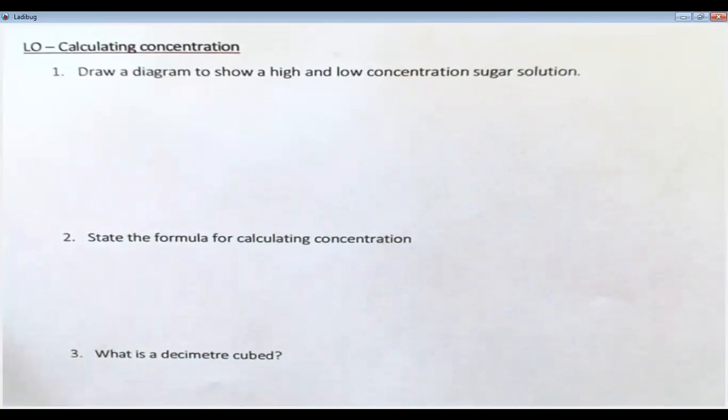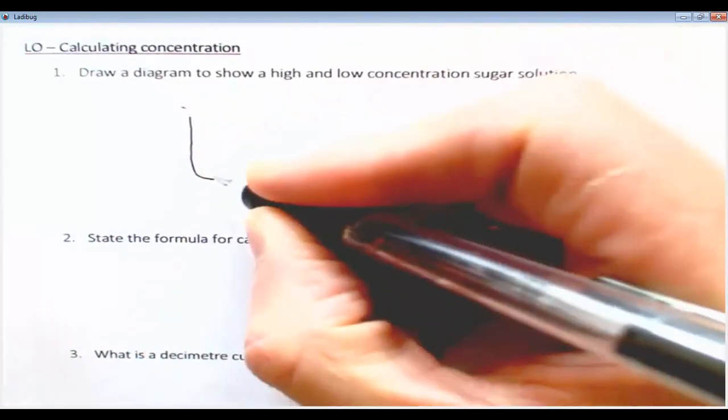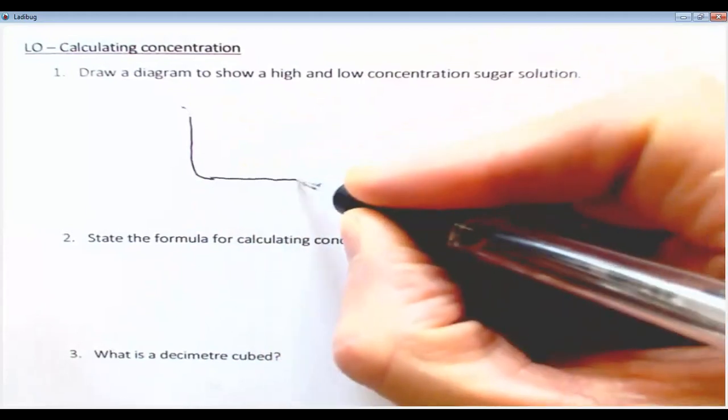Okay, so we are looking at calculating concentration, and we're going to start by drawing some pictures just to get an understanding of what we mean by concentration. The first question says, draw a diagram to show a high and low concentration sugar solution. And quite simply, we're going to draw two little beakers.